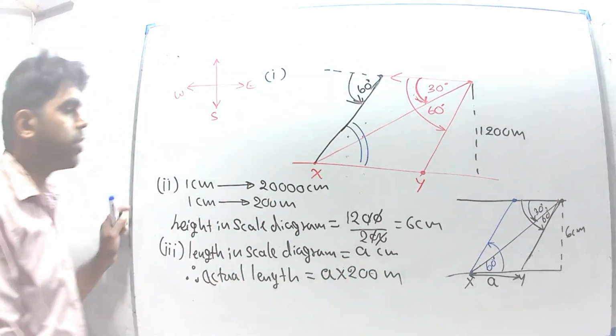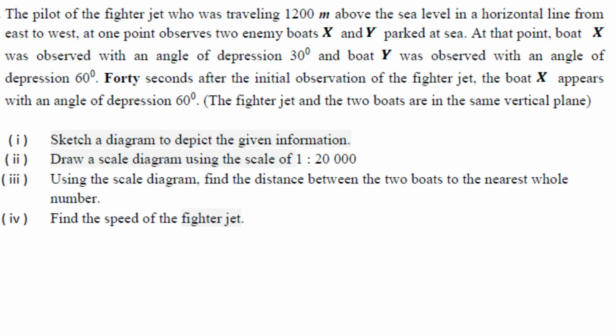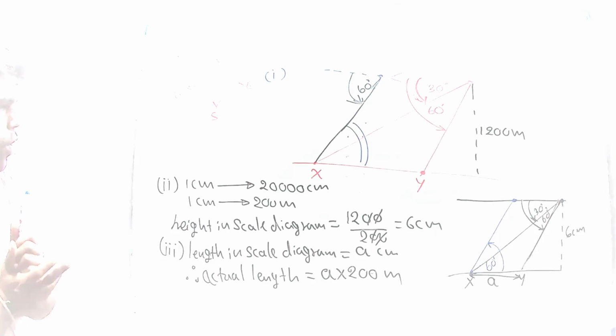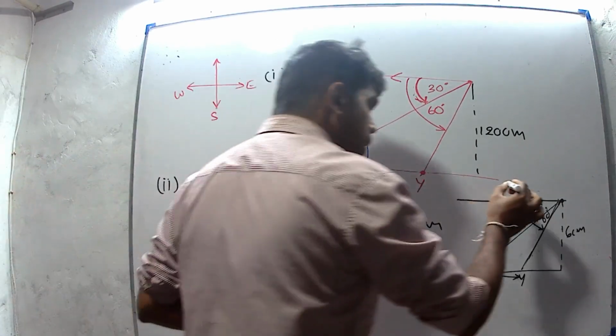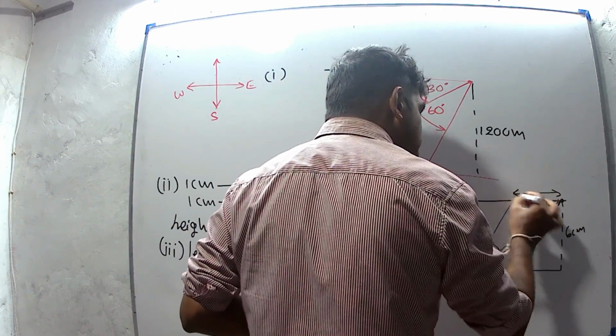Now you can substitute the A value, the corresponding length of the scale diagram, and you can find the actual length. It is in meters. In part 4, find the speed of the fighter jet. When finding the speed of the jet, we have to measure the length of this straight line.